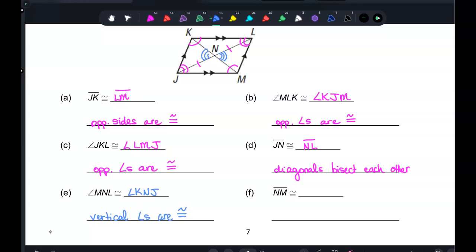Okay, NM. So NM is here. That has to be congruent to KN, and it's the same reason as the one right above it. Diagonals. Shh, David.